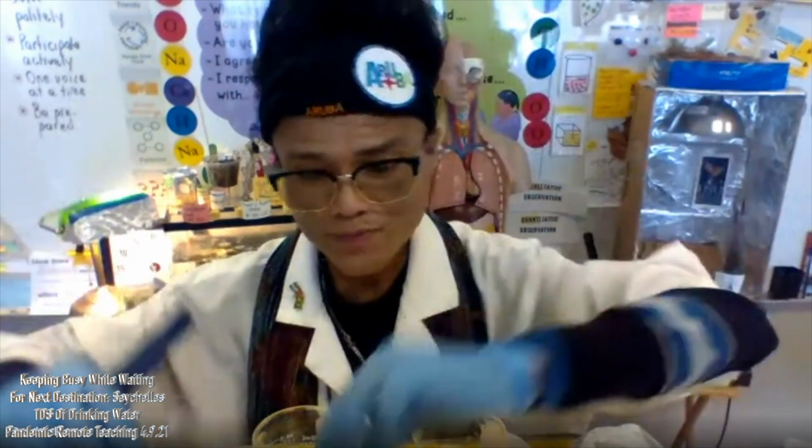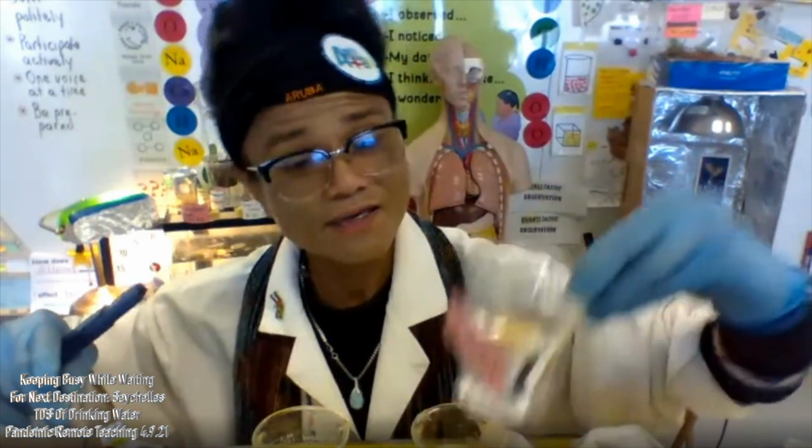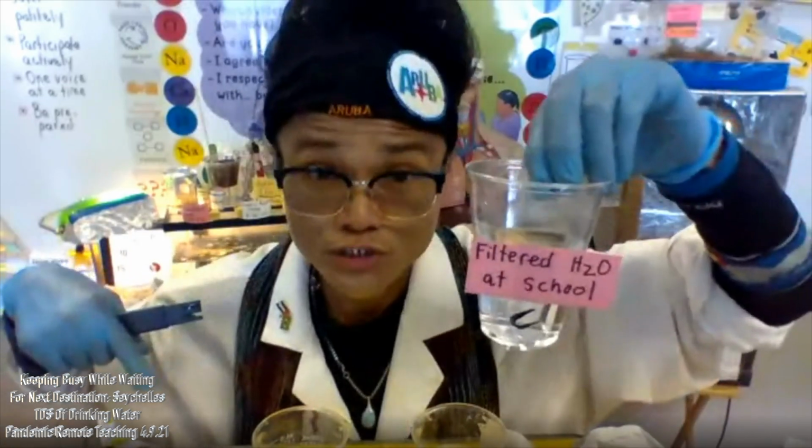Are we doing it that way? This is from the faucet in the room. This is the bottled water. And the last one, before the vinegar, is the filtered water at school.